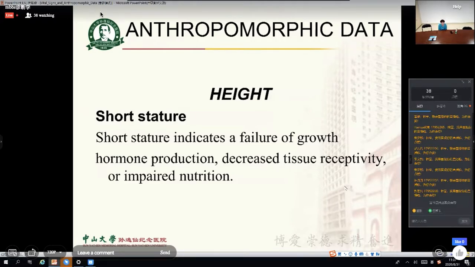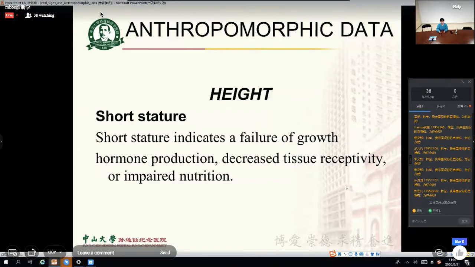In some pathological situations, the patient will have short or high stature. Short stature indicates a failure of growth hormone production, decreased tissue receptivity, or impaired nutrition.